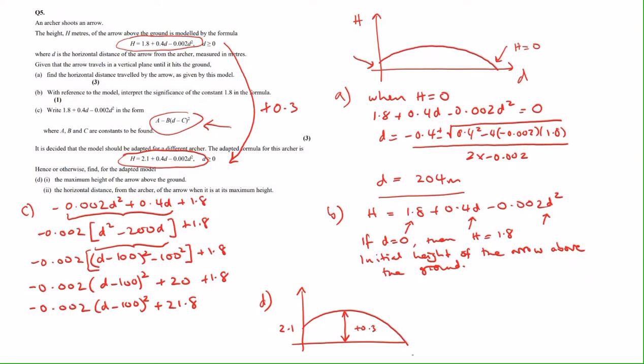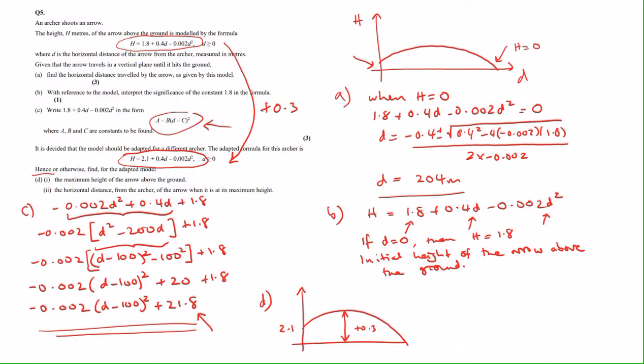How do we find the maximum height? Well, we need to look at the complete the square form. So this is why they've asked you to do that, because they wrote hence. You could do it any other way you like, so that's the or otherwise bit. But hence means I could use the previous part and say, well, what's the maximum height of that? To find the maximum point, we could look at this constant on the end.